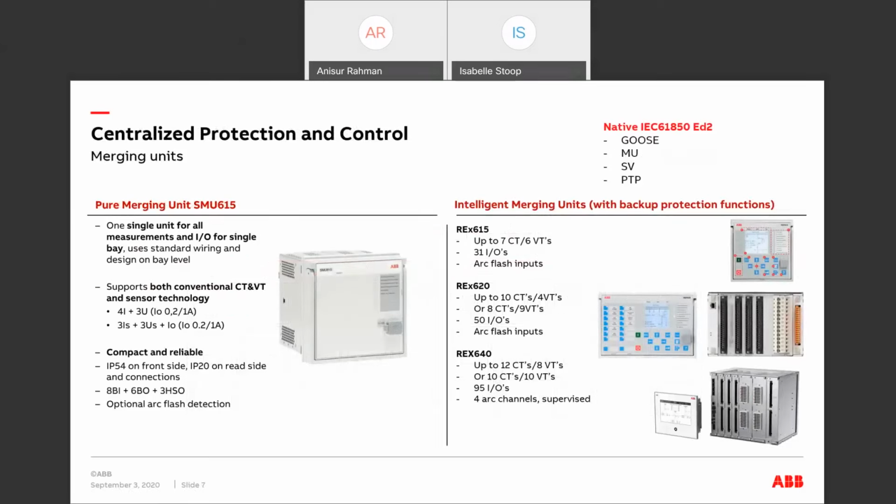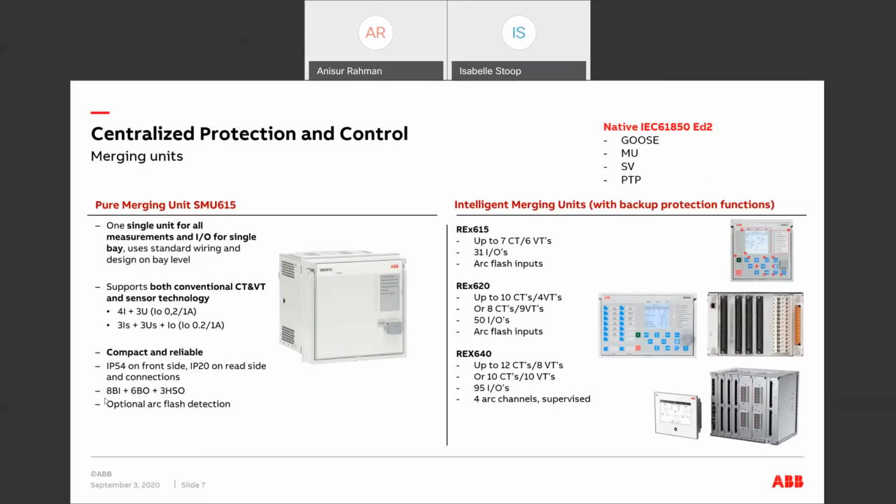So there are two equipments I said. One is the merging unit, which is the SMU 615 merging unit. It can take the conventional CT and VT input, also the sensor current and sensor voltage input.